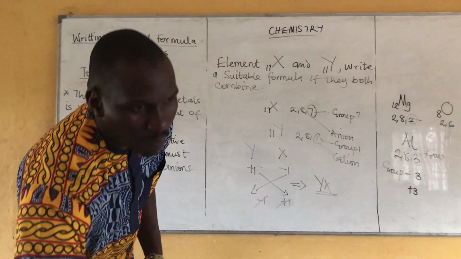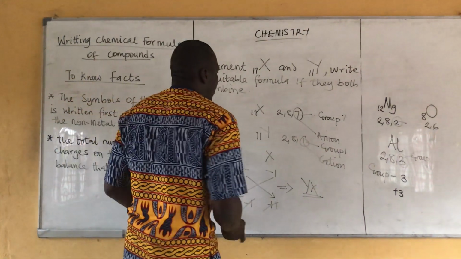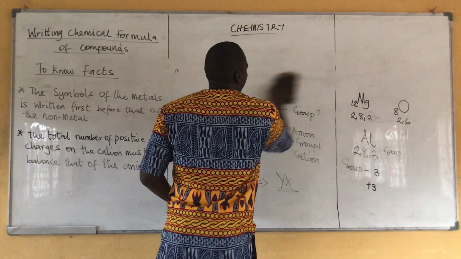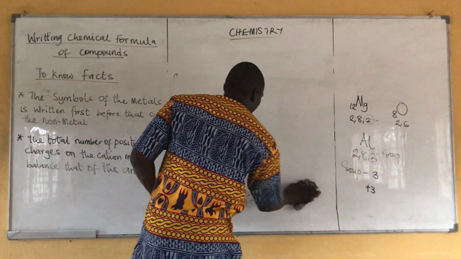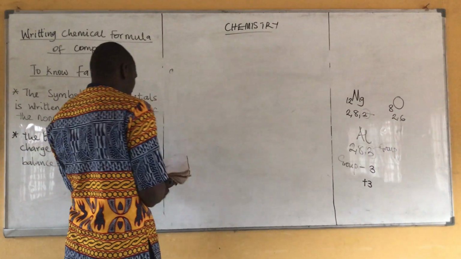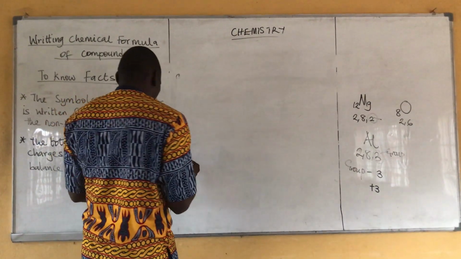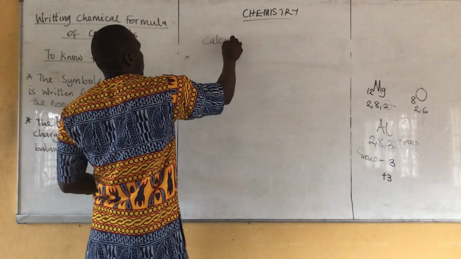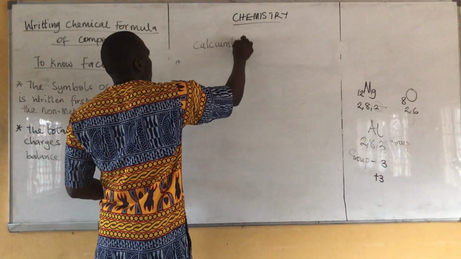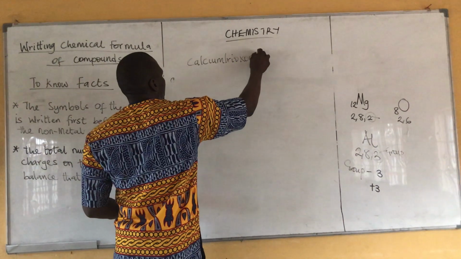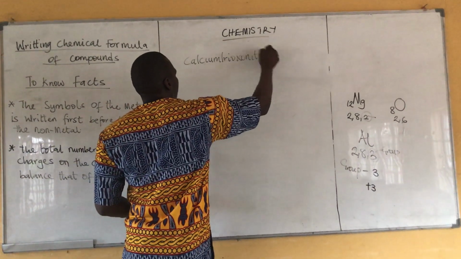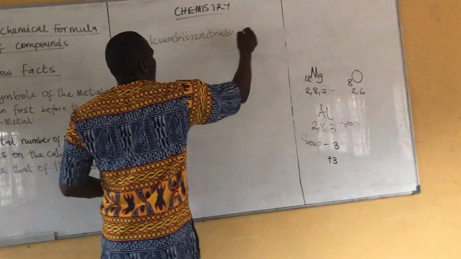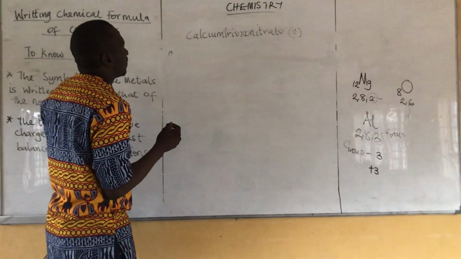Also, we have different compounds we can get. Let's see some examples before we end this section. Let's see a compound like calcium trioxonitrate 5.